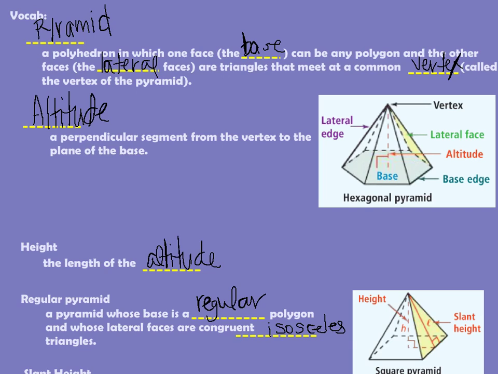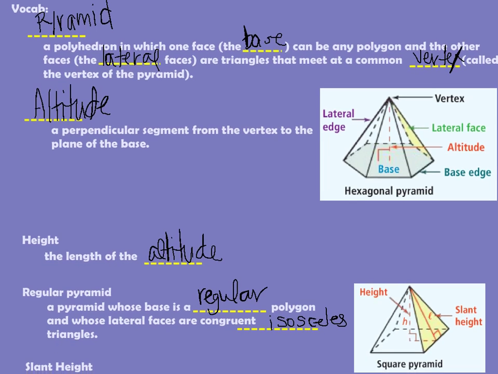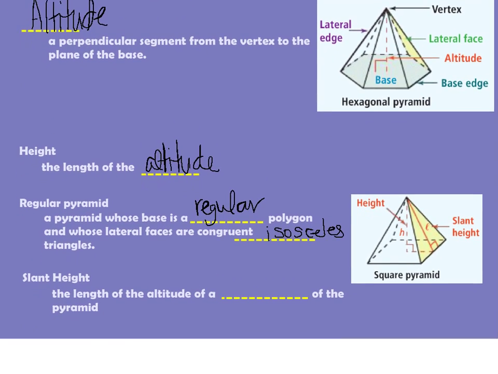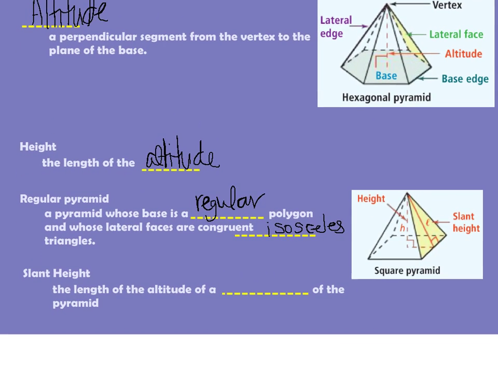Alright, now actually we have a little bit more down below. We have up here, we have the slant height. We have the slant height down here, and we have the height up here. So we don't want to confuse the two. The slant height refers to the length of the altitude of a lateral face of the pyramid.